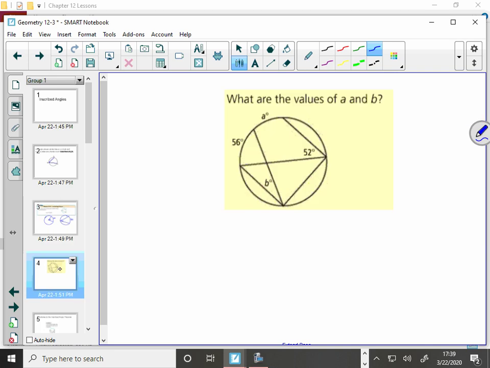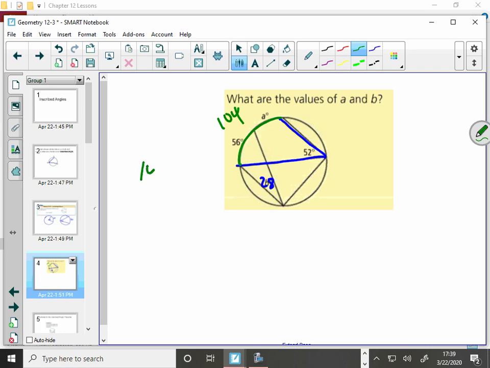Let's do an example. What are the values of A and B? Well, B is an inscribed angle, and it is half the measure of the intercepted arc. The arc is 56, so the angle would have to be 28. And then to find A, this angle that I'm drawing here is 52, which means its arc is twice that, so the arc is 104.